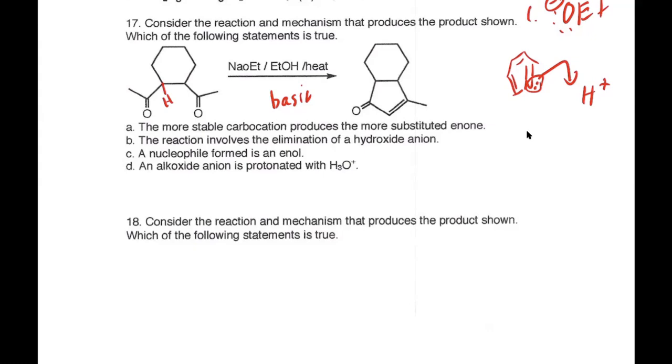And when it does that, it's going to form this enolate. If we go straight to the most stable resonance contributor, you deprotonate that proton, you put the electrons down onto that sigma bond, and then you push the pi bond onto the oxygen, and you form what's called an enolate.